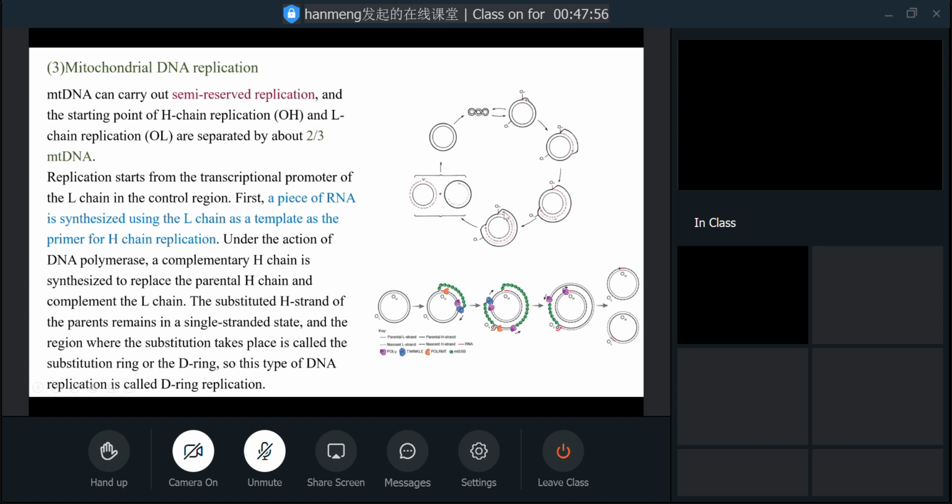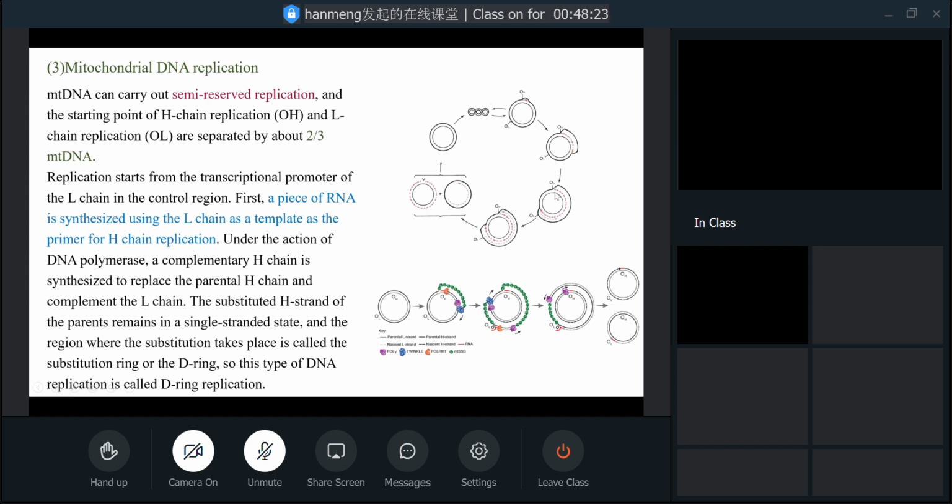And when the new heavy chain reaches the origin for the light chain, the light chain starts to replicate, but its direction is opposite to the heavy chain, so it is a counterclockwise direction.